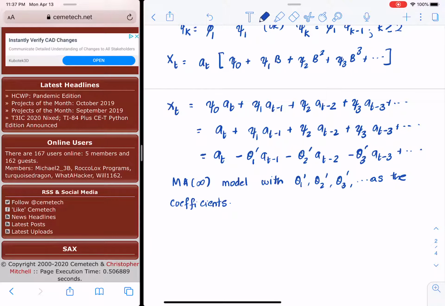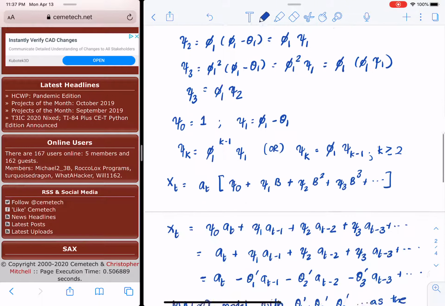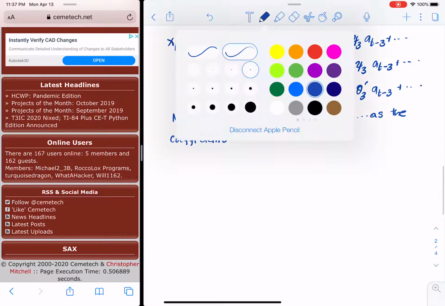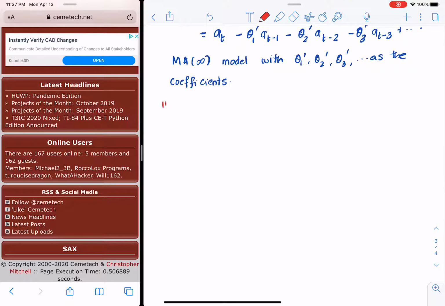So those are what we call the Psi weights of an ARMA 1-1 model. Now, we move on to the pi weights of an ARMA 1-1 model.